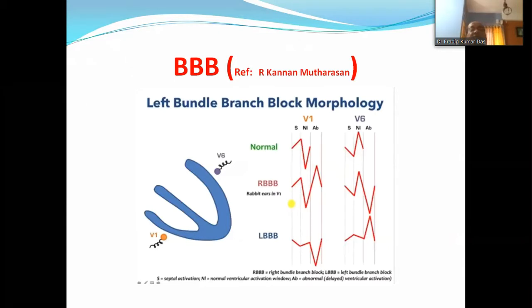It is a long discussion, but I want to talk about the bundle branch blocks, left bundle branch block morphology. Normally, the ventricle is activated through the AV node, His bundle, then the left and right bundle branches, and in normal conduction the septum is activated first from left to right.